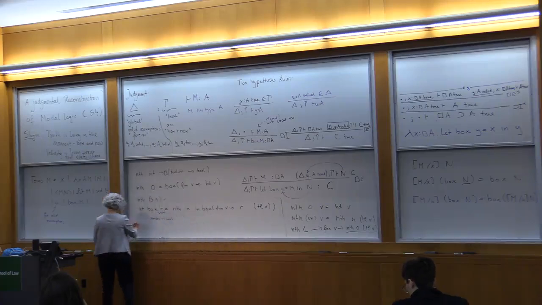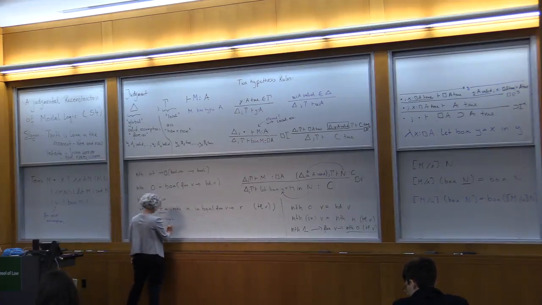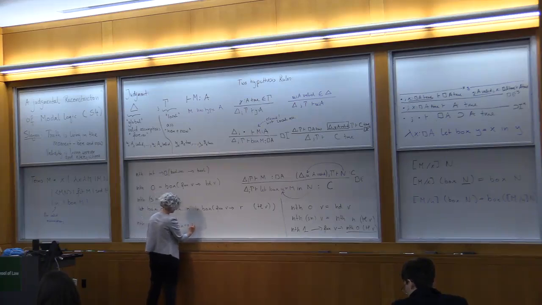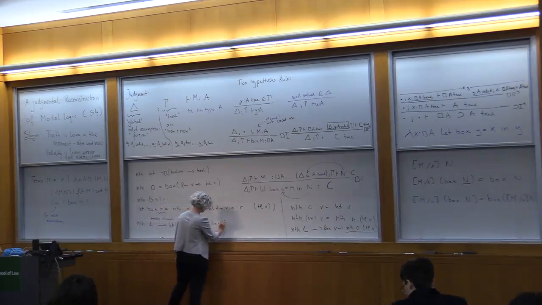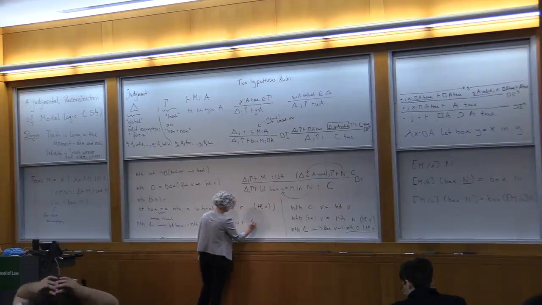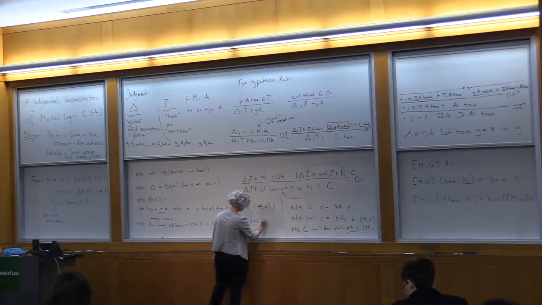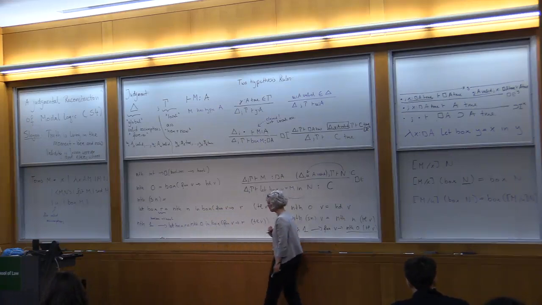If I call n of 1, what will happen is it will call let box of R, and then it will say n of 0 in box, and it has the function R, which still waits to be applied to this tail vector.